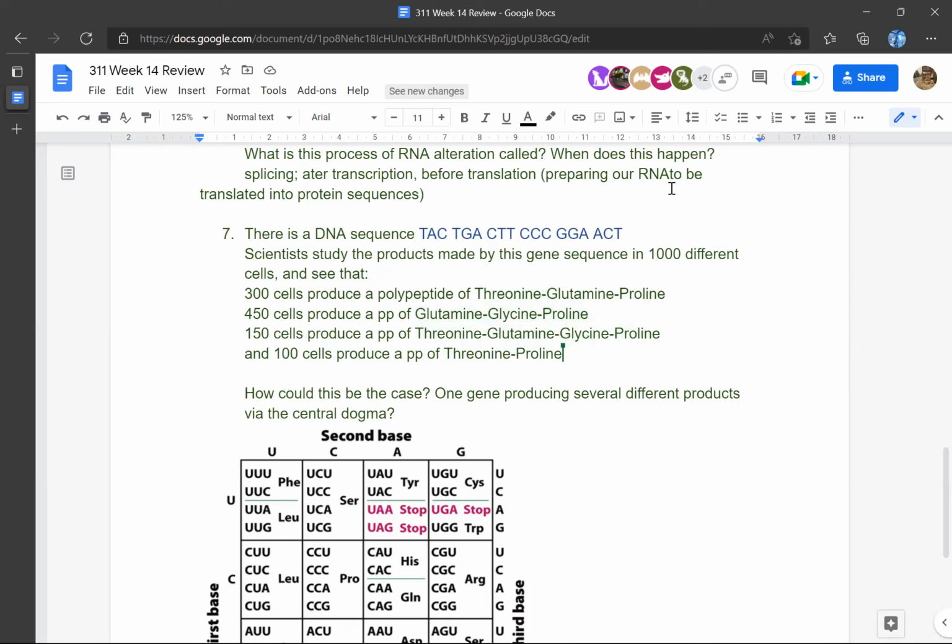How could it be the case that this same DNA sequence is producing different arrangements of products in different cells, even though it's the same sequence? How could this be happening?